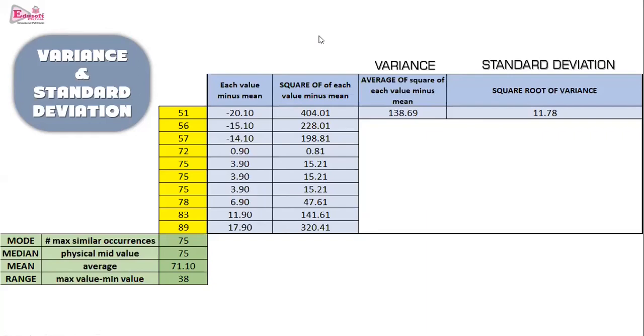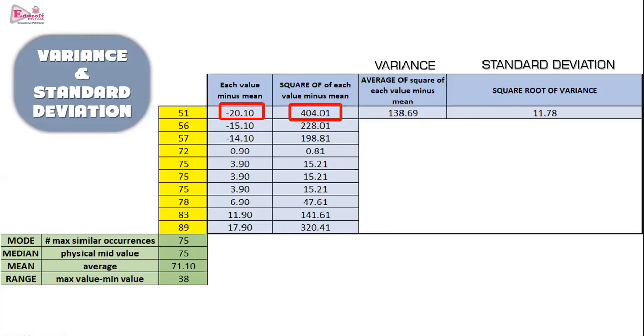And if you take the square root of that variance, that will give you standard deviation. Standard deviation is nothing but the square root of the variance which you have calculated. So here we have variance and standard deviation calculated with a small example.